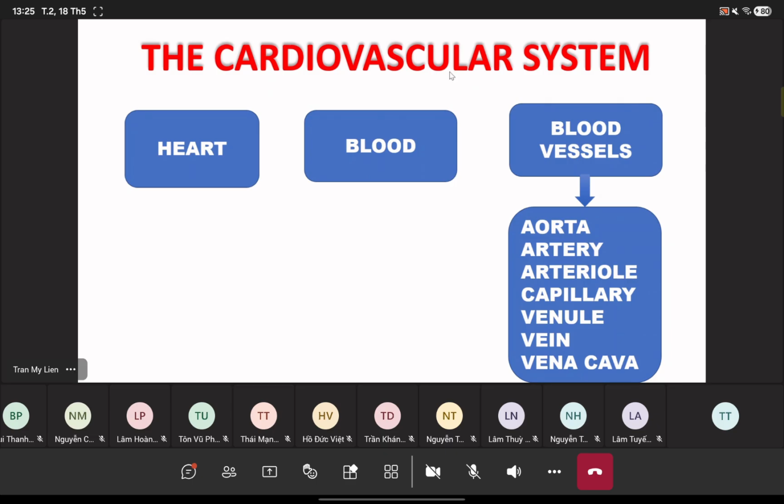So the cardiovascular system consists of the heart, blood, and blood vessels, including the aorta, the largest artery of the body, the vena cava, the largest vein, and capillaries.